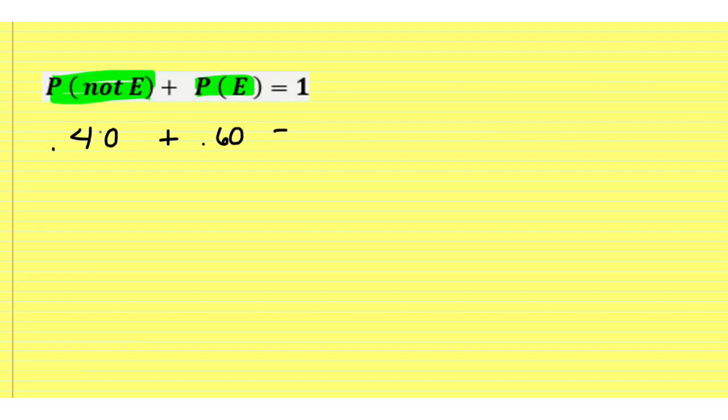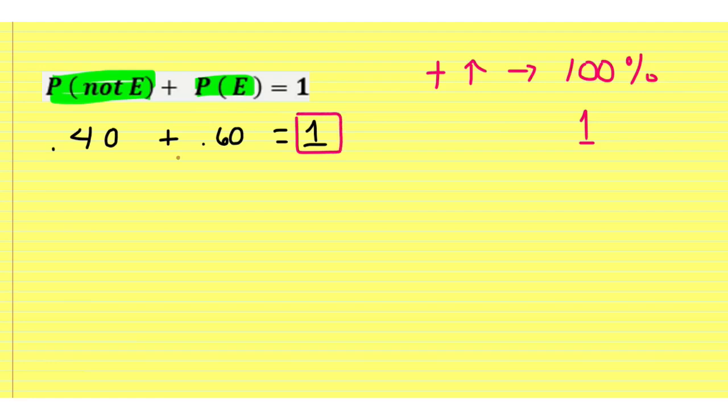What does 0.4 plus 0.6 add up to? It adds up to one whole group. Going back to the whole concept of probability, probabilities always add up to 100%. 100% of a pizza means one whole pizza. So probabilities will always add up to 1.